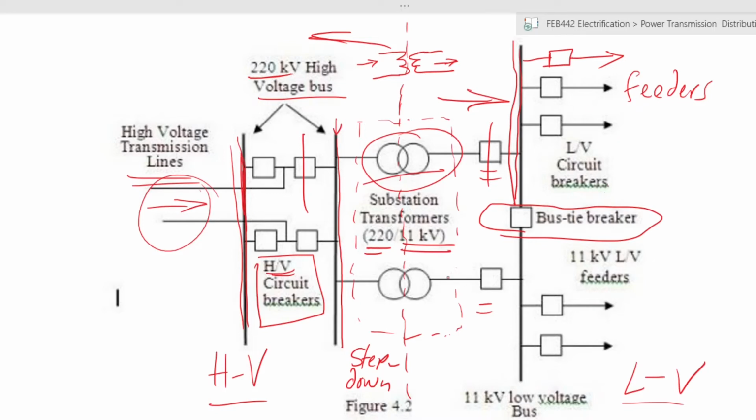But on the other hand, you can decide to reroute, because that transformer is not working, you reroute your power through this, so that your bus tie breaker, when it is connected, will allow power to flow from this transformer through and still supply your feeders. So we like to have various redundancies within electrical power systems so that you can ensure continuous supply of power.